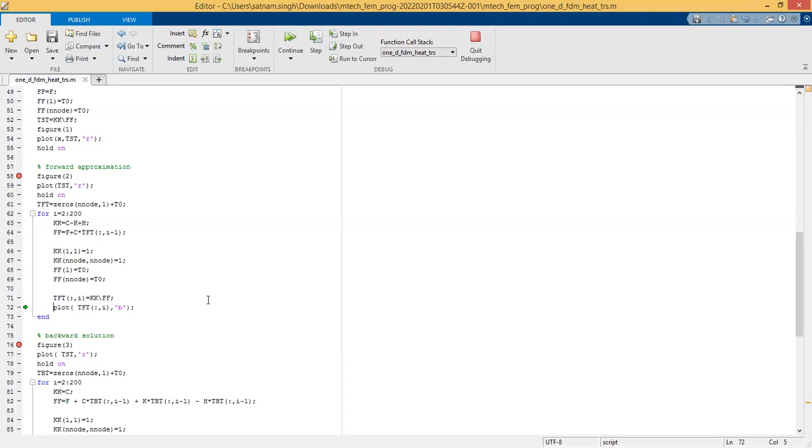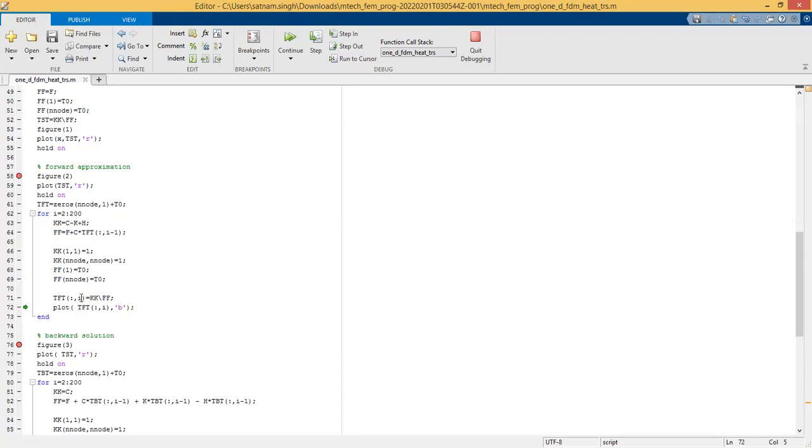Also note that since forward approximation is an iterative process, I'm going to store the temperature values for every time step. This is being done in a two-dimensional matrix known as TFT.